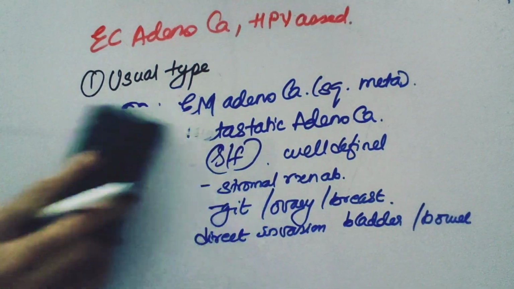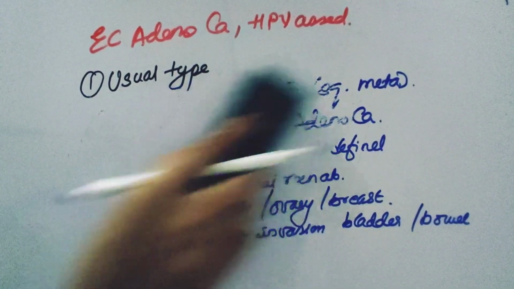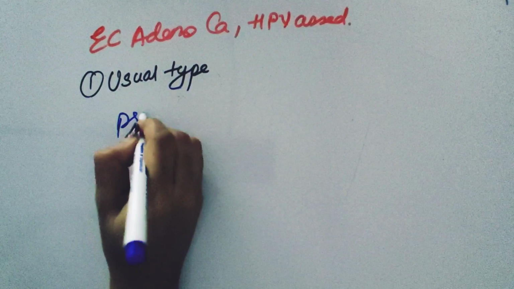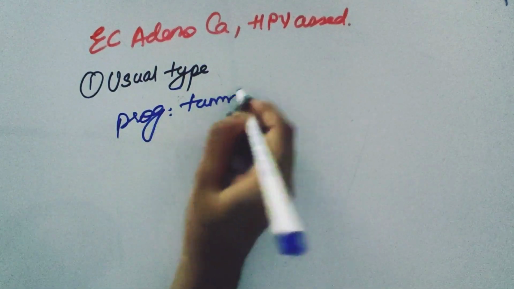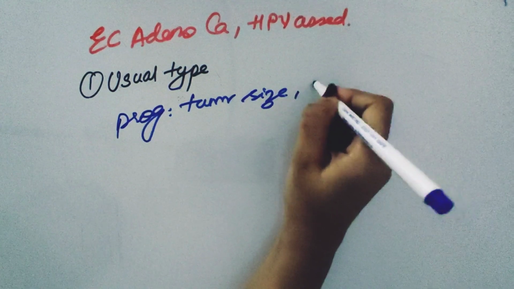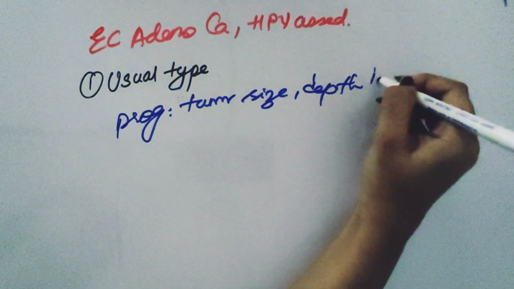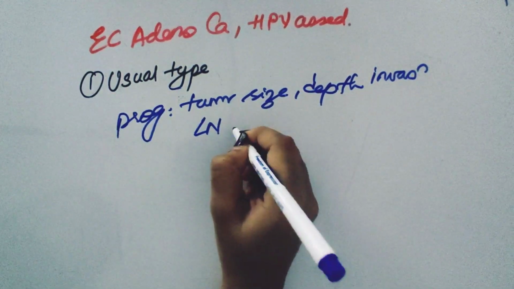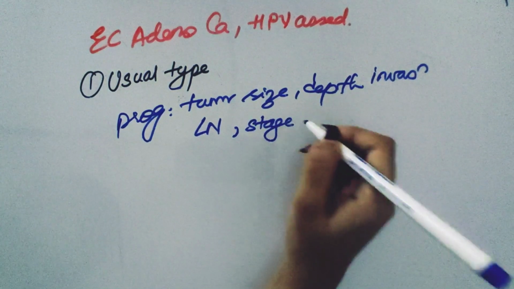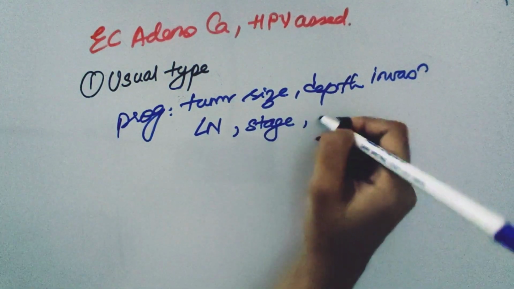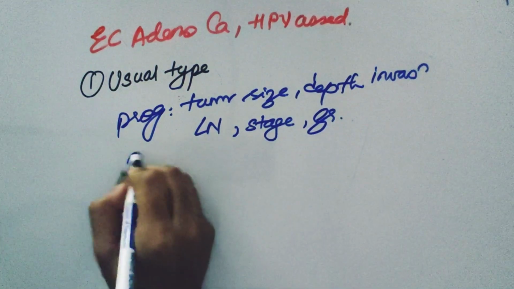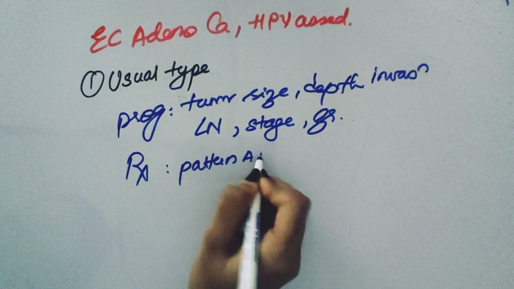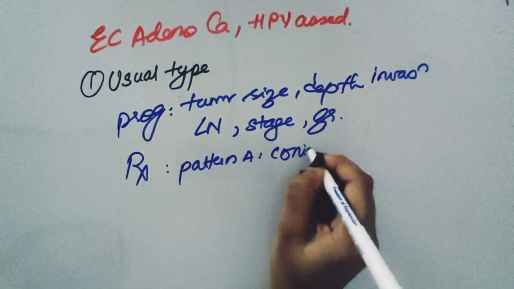Now coming to the prognosis and treatment. Prognosis, as you usually tell, depends upon the tumor size, the depth of invasion, then lymph node involvement, the stage of the disease, and obviously the histological grade and the pattern. So treatment, if it is pattern A, you will go for conization.